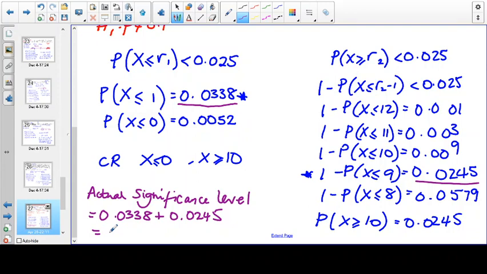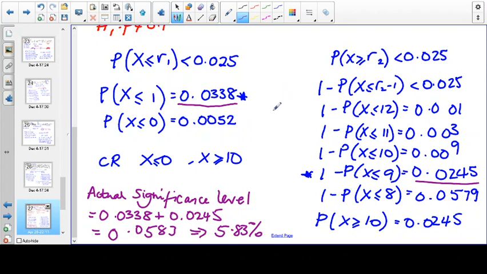So 0.0338 plus 0.0245 is 0.0583, or 5.83%. That is the actual significance level: the percentage chance of wrongly rejecting the null hypothesis if we were given a test statistic.